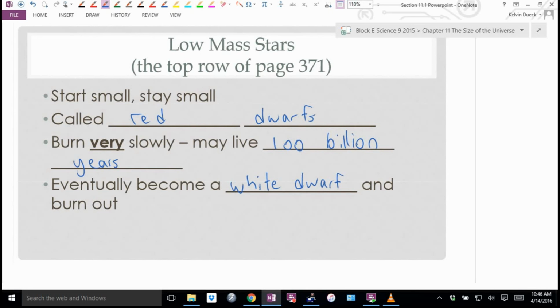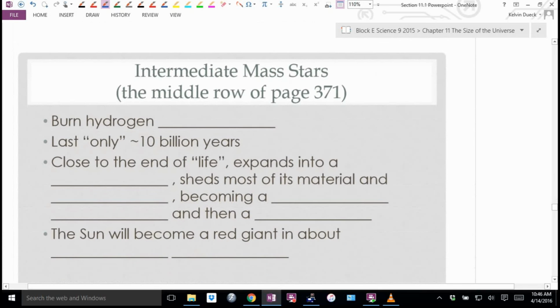Then we have intermediate mass stars. Hey, that's the middle row on page 371. Because they have more mass, they burn their hydrogen faster. They last only about 10 billion years, only. Okay?